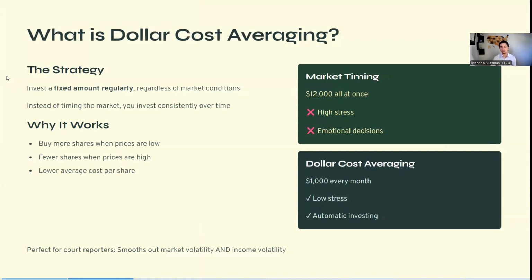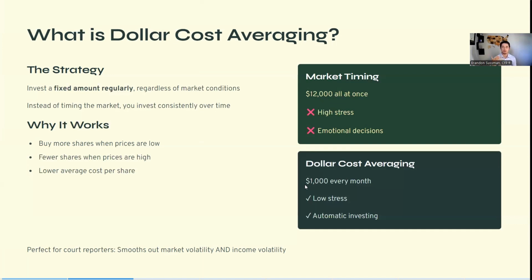So what dollar cost averaging is, instead of trying to dump your money into the market all at once, we actually spread it out, and we spread out the risk by doing that as well. For example, instead of doing $12,000 all at once into your investment account, you could do $1,000 every month for a year.